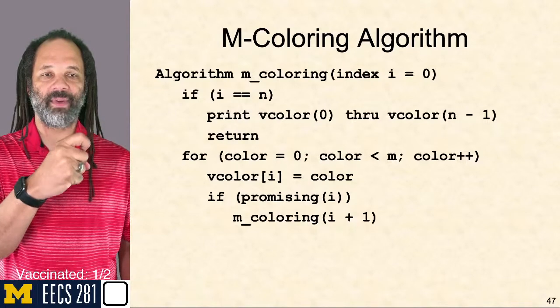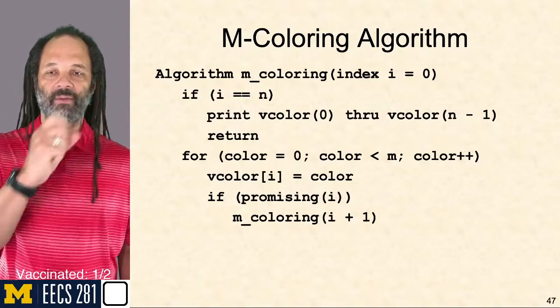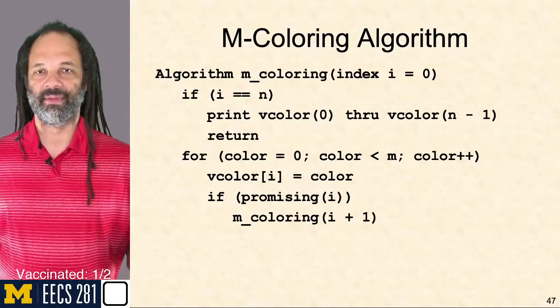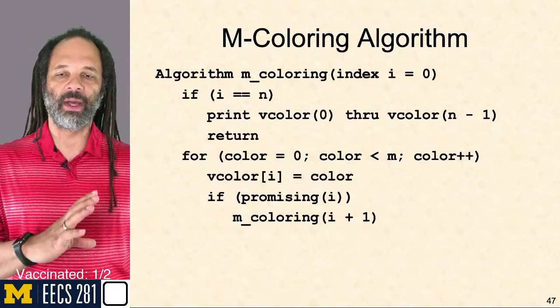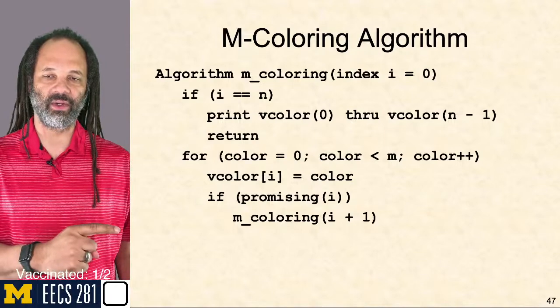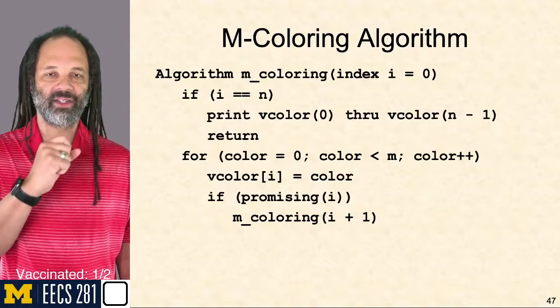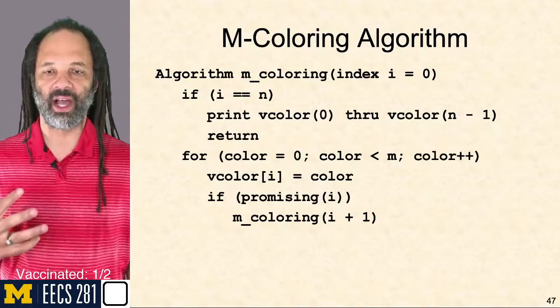The print never happens. No output happens. You run the function, it returns. So it's only when something works, when I've got something promising, that I extend the solution, and then I can eventually extend the solution far enough to cover the whole problem.